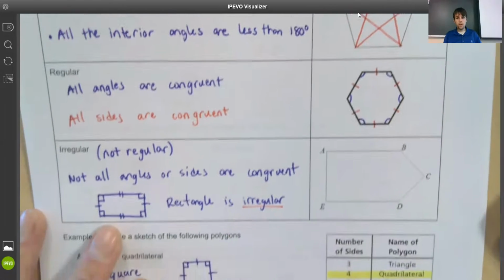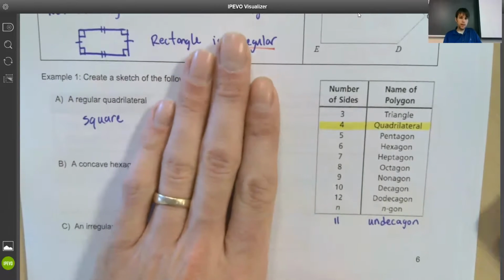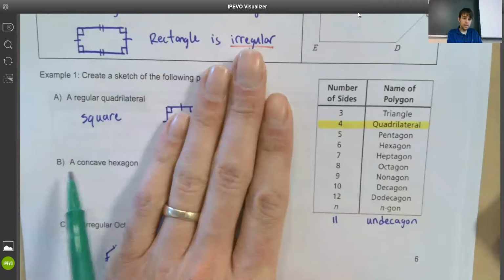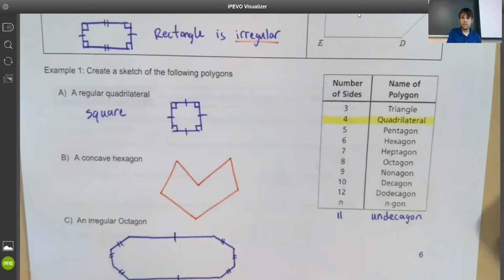All right, a couple more little details here. I'm going to cover these up real quick. We're going to make some pictures of a regular quadrilateral, a concave hexagon, and an irregular octagon. We like to name the polygons based on the number of sides that they have. That's the generic naming.